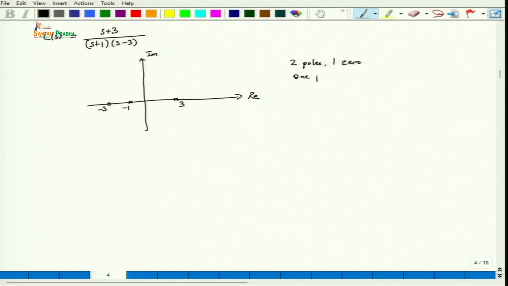One path starts from a pole and ends at the zero, and the other path starts from the other pole and goes to infinity.